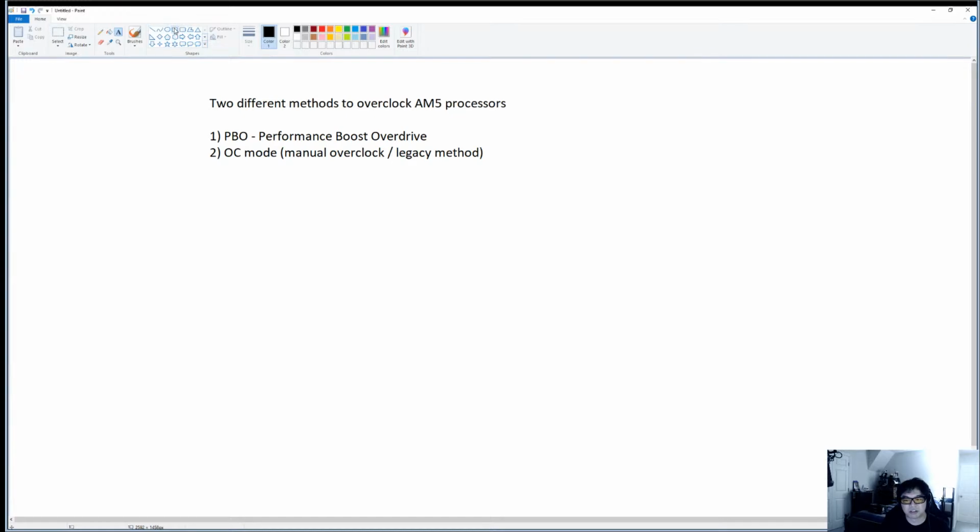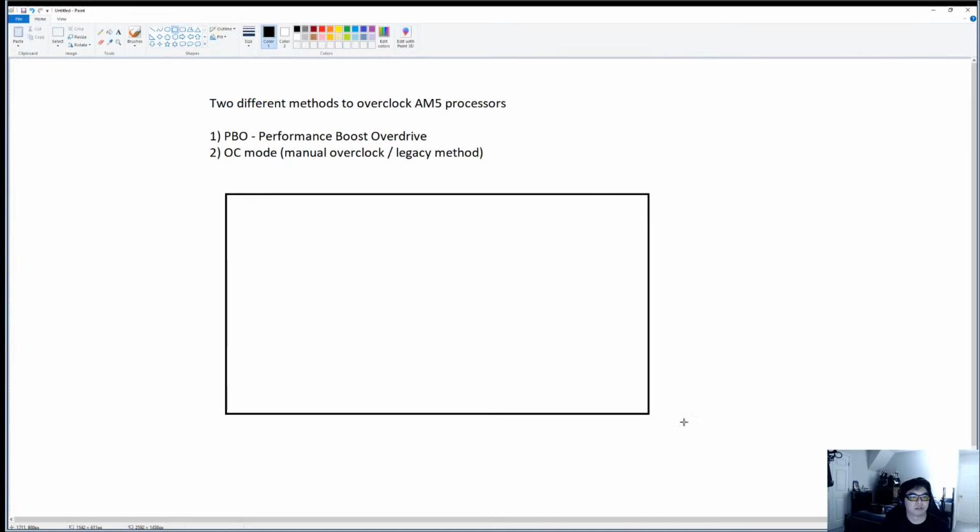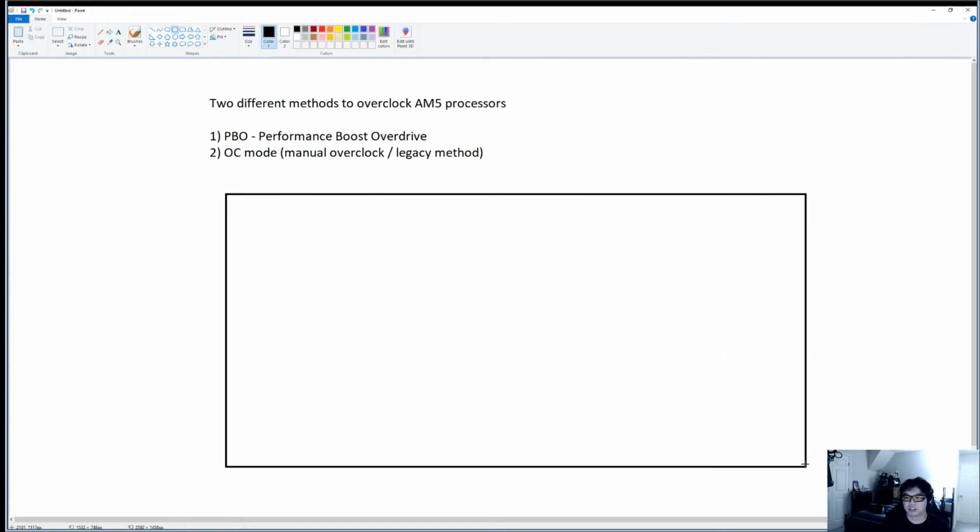Let's cover the fundamentals. What I want to do is draw a rectangle to represent the processor. In the processor, we have two CCDs, we'll call them CCD 0 and CCD 1.